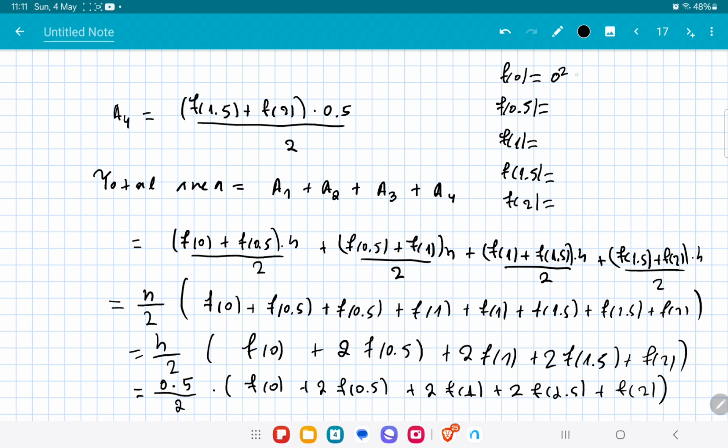So that's going to be 0 squared plus 2, 0.5 squared plus 2, 1 squared plus 2, 1.5 squared plus 2, and 2 squared plus 2. Once I calculate these values, I plug them inside here and it will give me the total area under the curve.